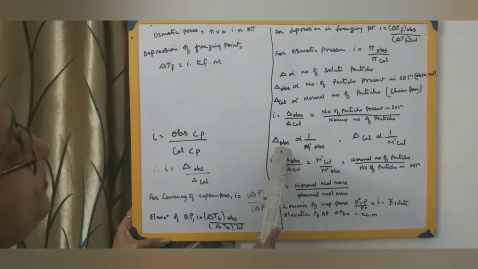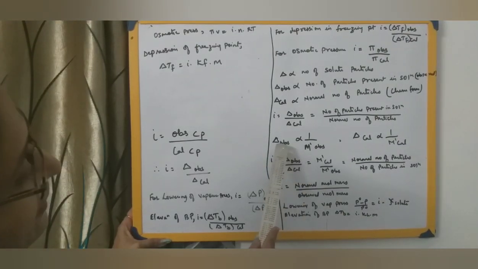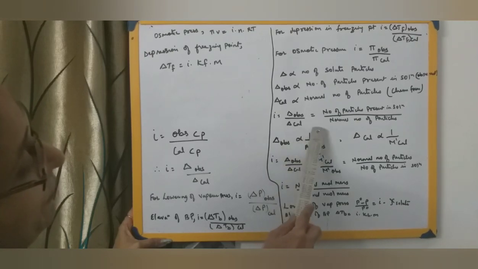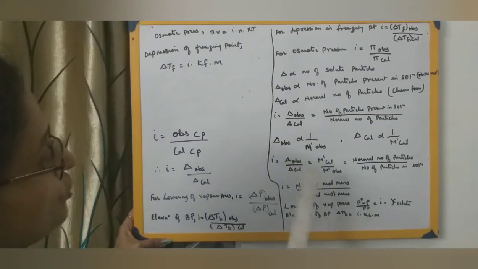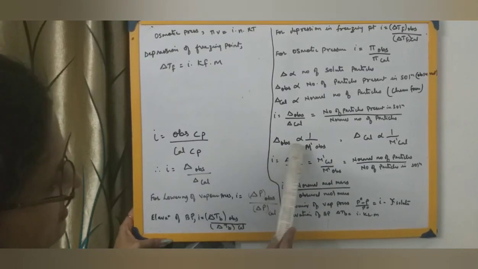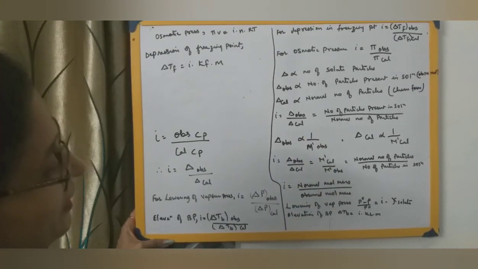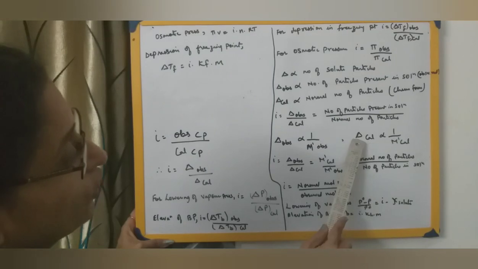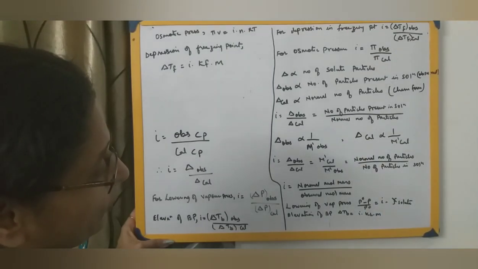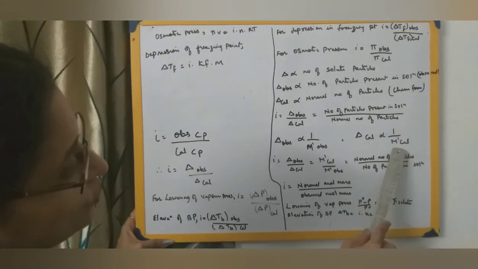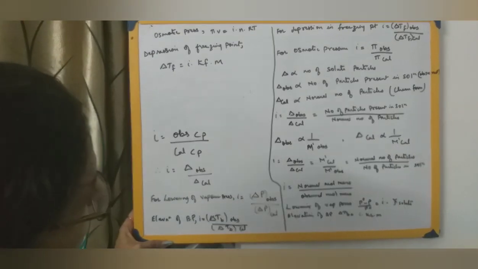So for delta observed, we have also studied that the colligative property is inversely proportional to the molecular mass. A colligative property which is observed is inversely proportional to the molecular mass which is observed, and the colligative property which is calculated is inversely proportional to the molecular mass which has been calculated.